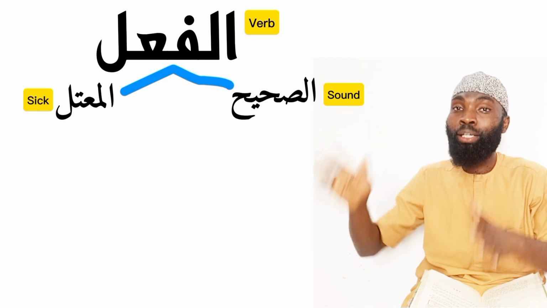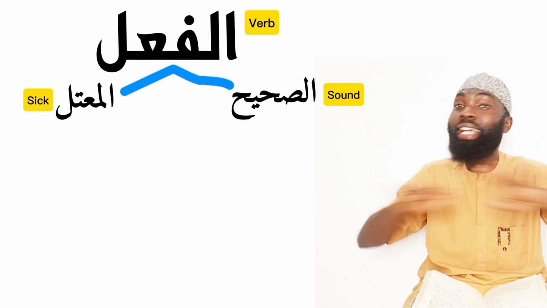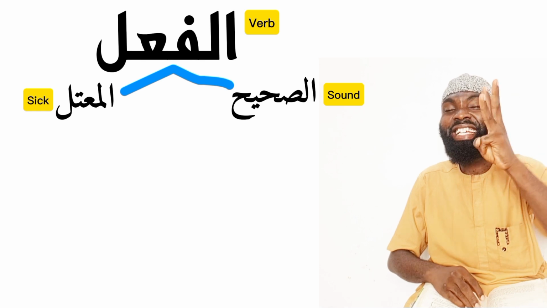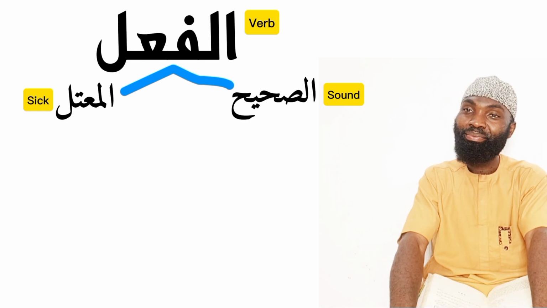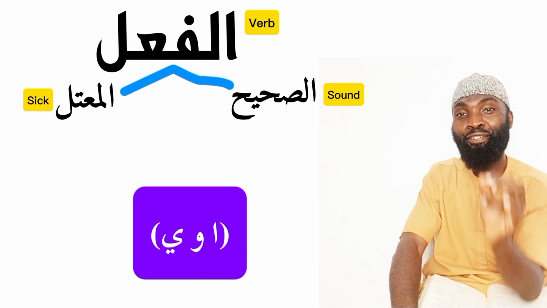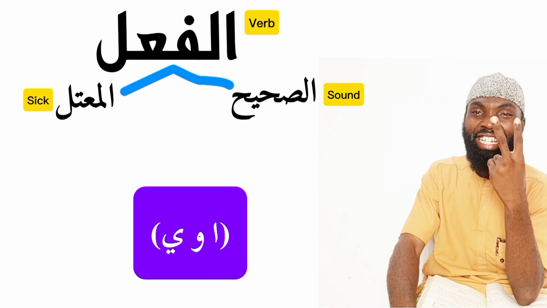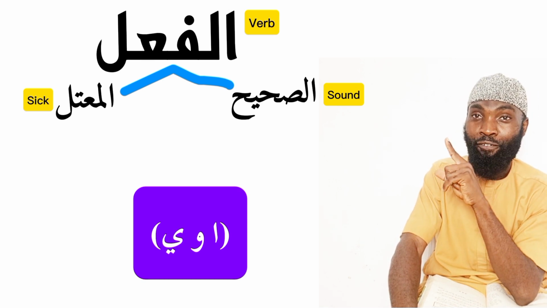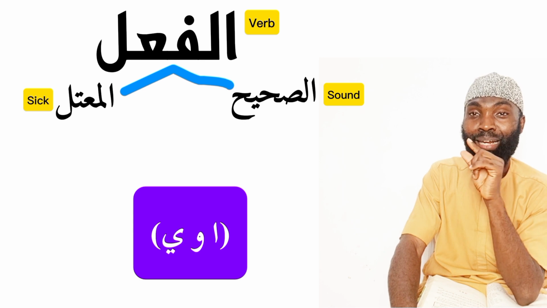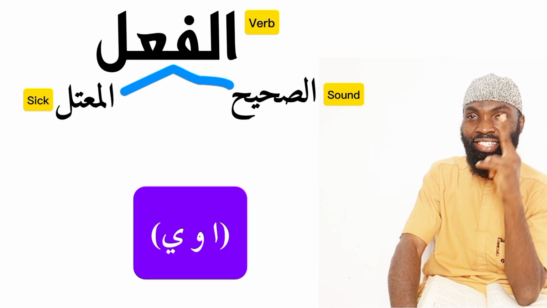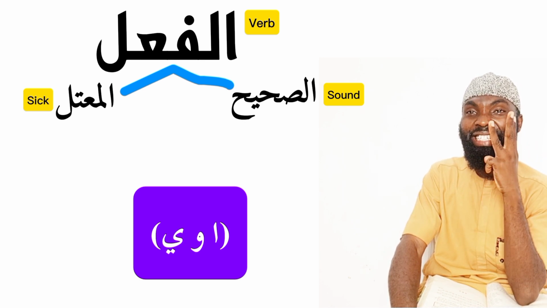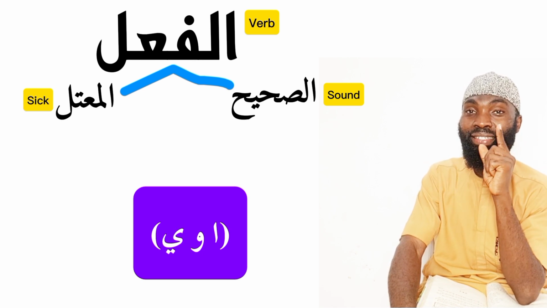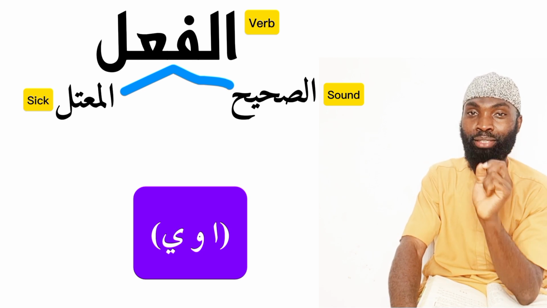Now the sound verbs are simply verbs which do not have any of these three letters. What are the letters? The first one is the letter alif, the second is the letter wa, and the last is the letter ya. So any verb you come across in the Arabic language that does not have any of these three letters among its letters, just know that that verb is a sound verb.